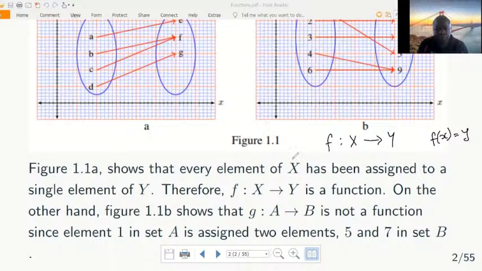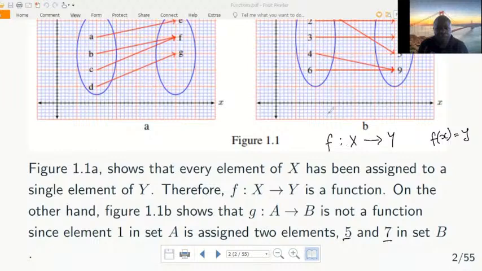On the other hand, I've said figure 1.1b, this figure here, shows that G, which assigns elements of A to those of B, is not a function. And we said the reason is that element 1 has been assigned 2 images, 5 and 7.